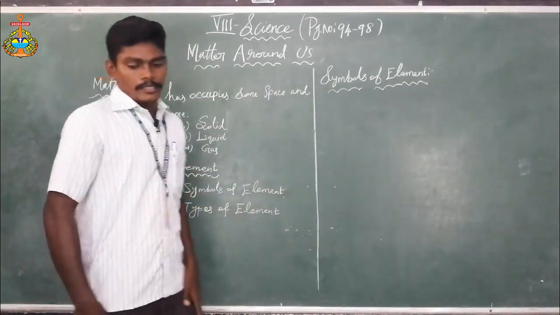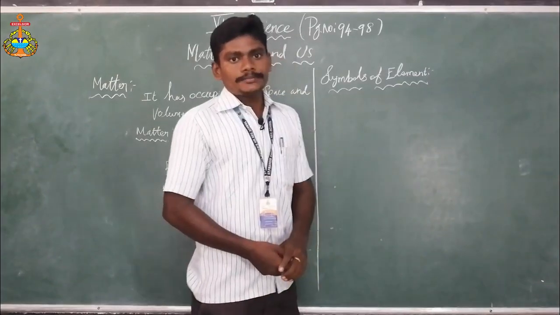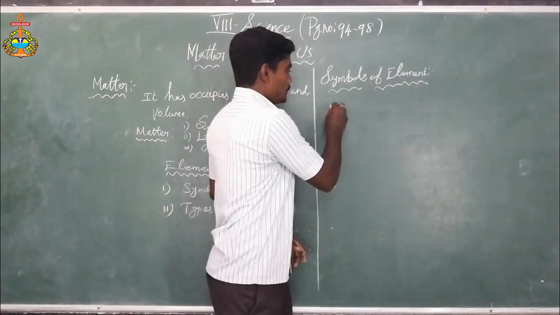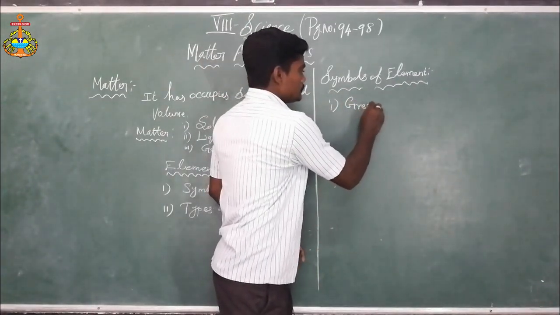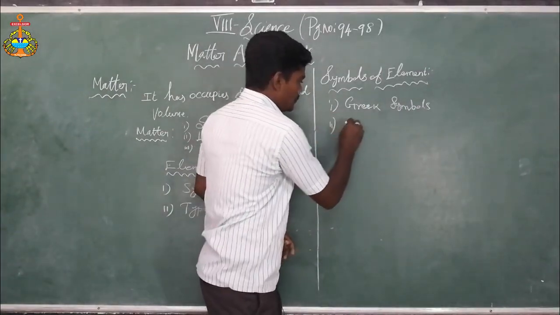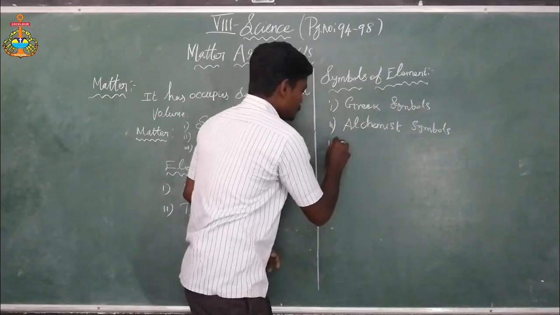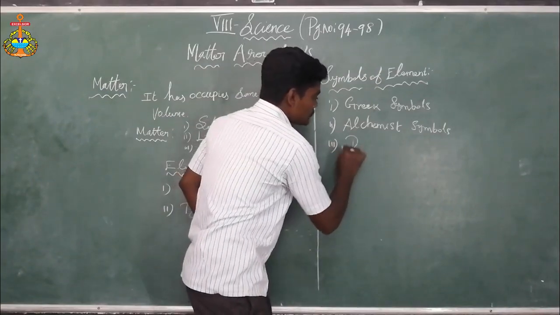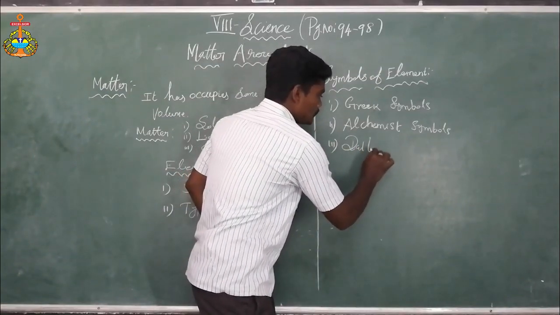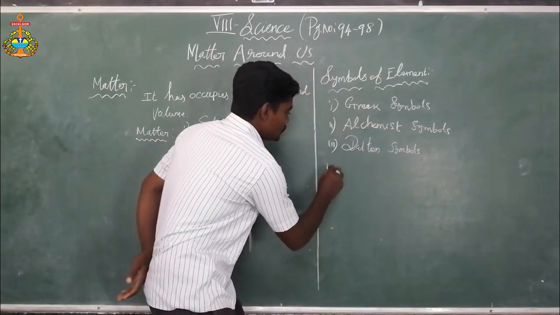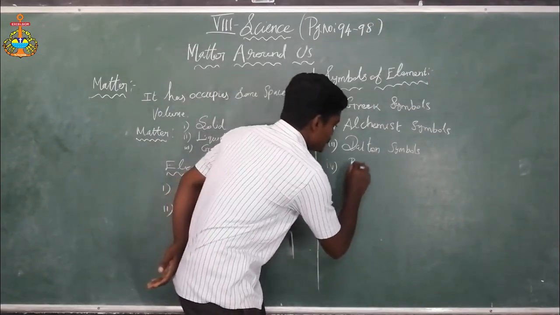Symbols of elements. Symbols of elements are classified into four types. First one, Greek symbol. Second one, alchemist symbol. Third one, Dalton symbol. The fourth one, Berzelius symbol.